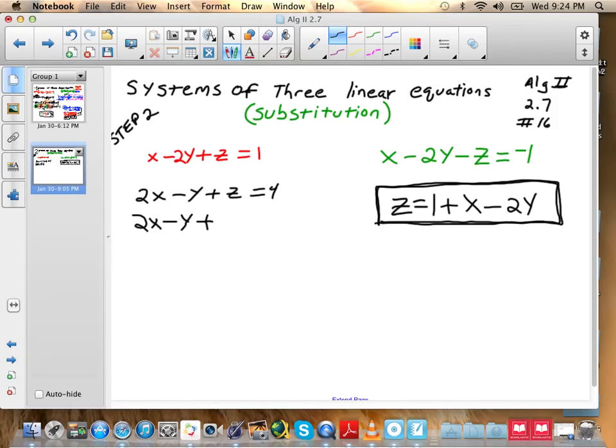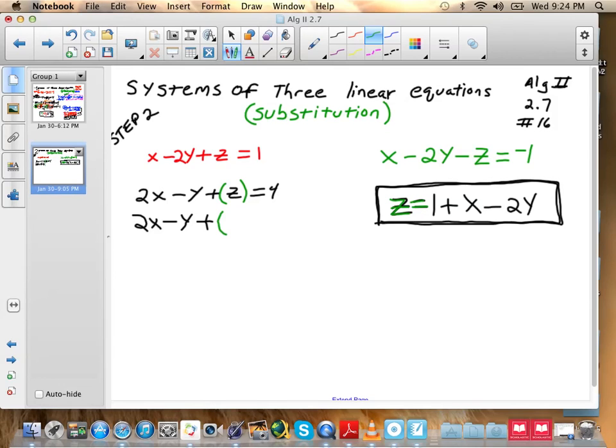Plus z. Here's our z. But what did we determine? We determined that z was equal to something.